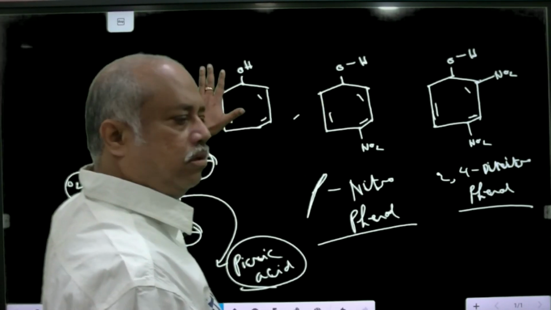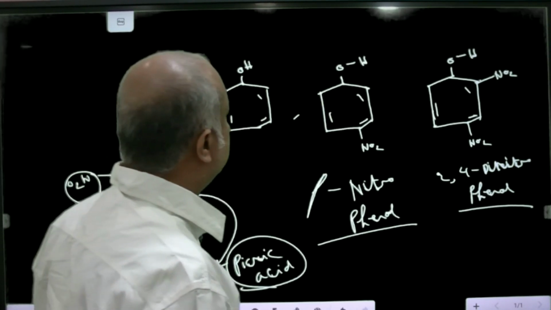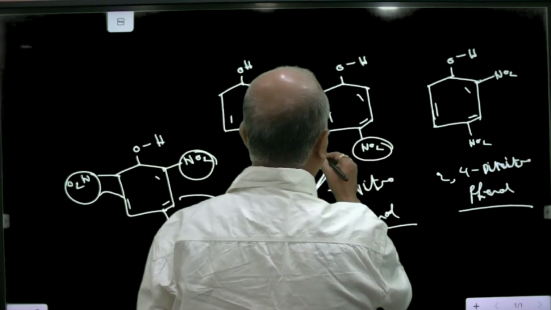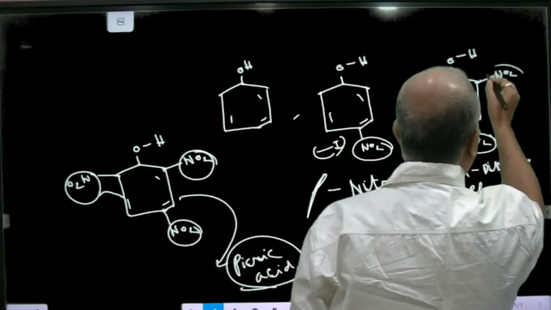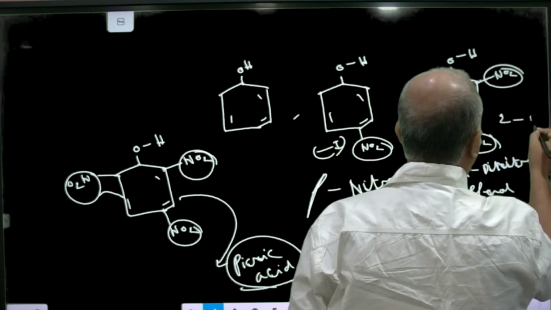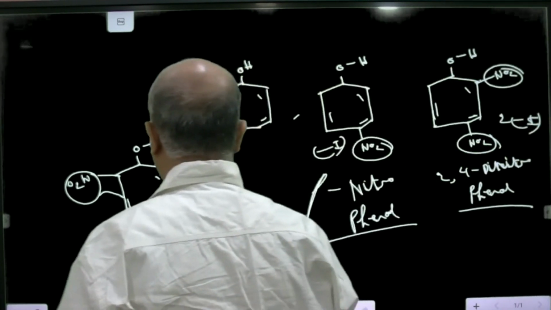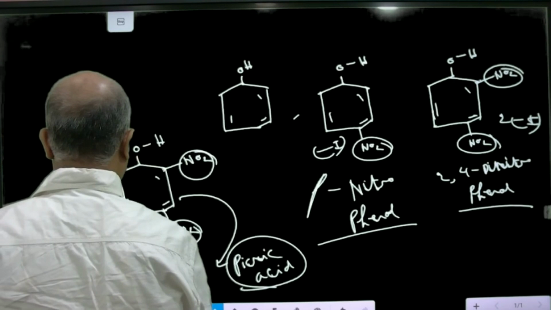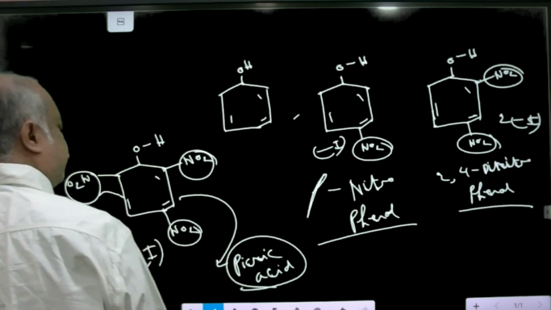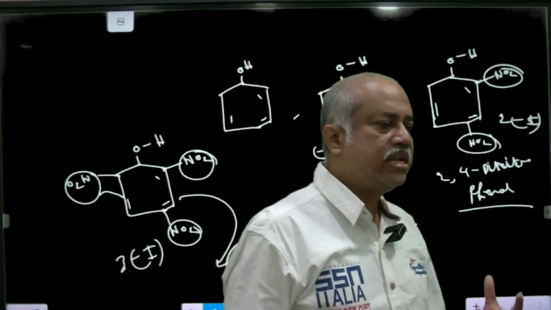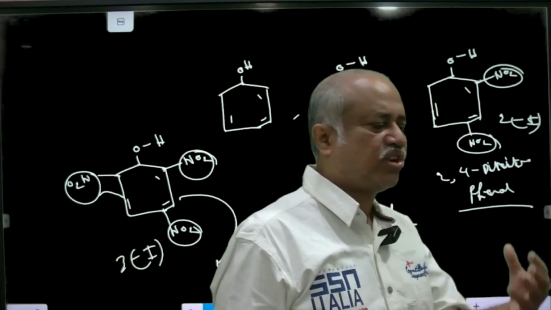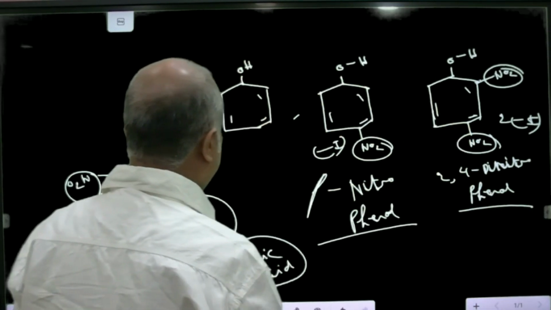There is phenol, there are no other groups. In that case, 1 minus I effect. In that case, 2 minus I effect. And in that case, 3 minus I. Minus I effect increases the acid strength. And this is picric acid.